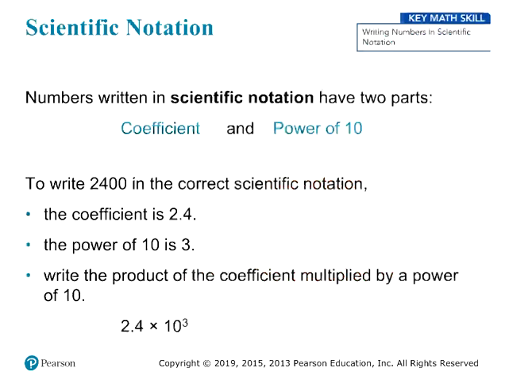So numbers that are written in scientific notation have two parts. You might have noticed that there's a coefficient and then a power of 10. As an example, let's write 2,400 in scientific notation. Now, this is a number that's not that large.